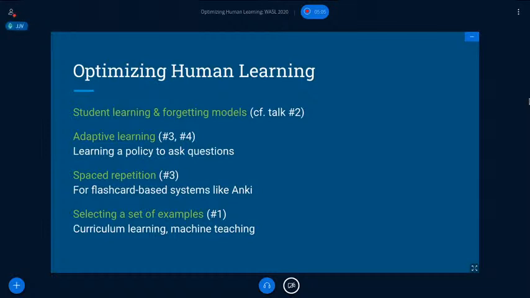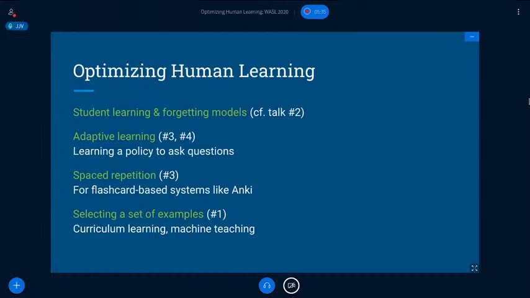Mainly we can talk about student learning and forgetting models. Over time, a student may attempt some exercises several times, and they may forget what they learned. You mainly want to have some model in order to predict what will happen in the future. The second talk will mention one of these student models.